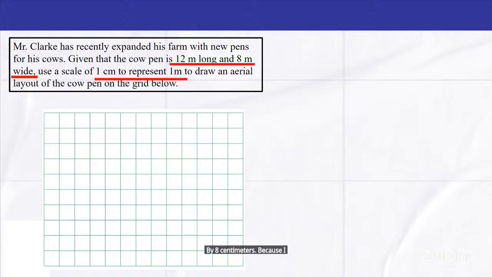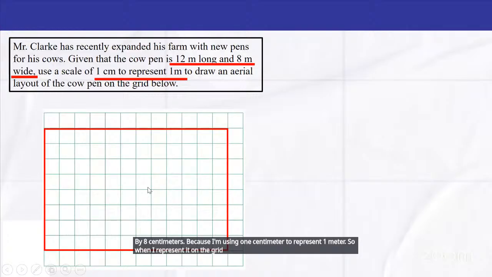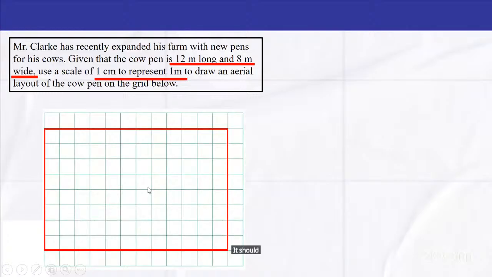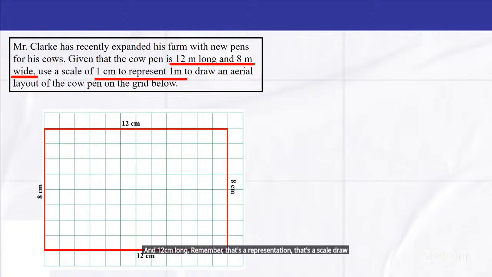So when I represent it on the grid paper, it should look like this, with 8 centimeters wide and 12 centimeters long. Remember, that's a representation, that's a scale drawing, because we cannot represent 12 meters on the grid paper.